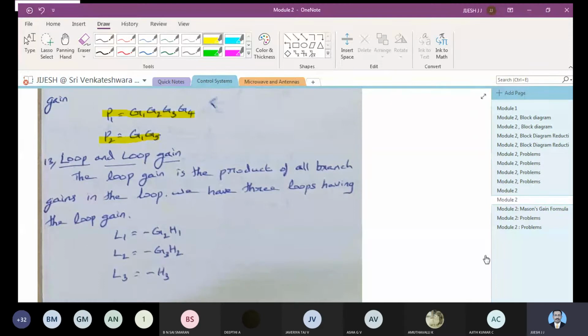So write down loop and loop gain. The loop gain is the product of all branch gains in the loop. We'll have 3 loops in this figure: L1, L2 and L3.